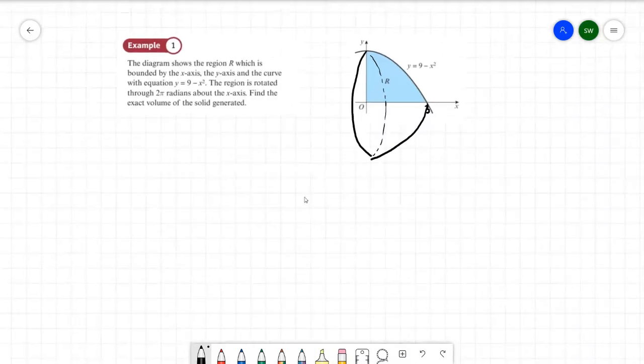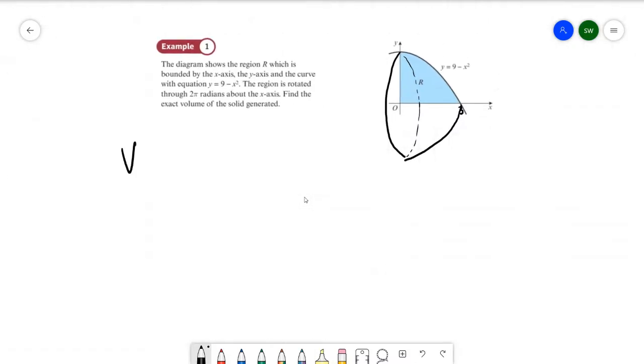So we could just go straight to the formula and say the volume is going to be equal to the integral of pi y squared dx, and our x limits are 0 up to 3, because they're our limits for our region that we're rotating around the x-axis.